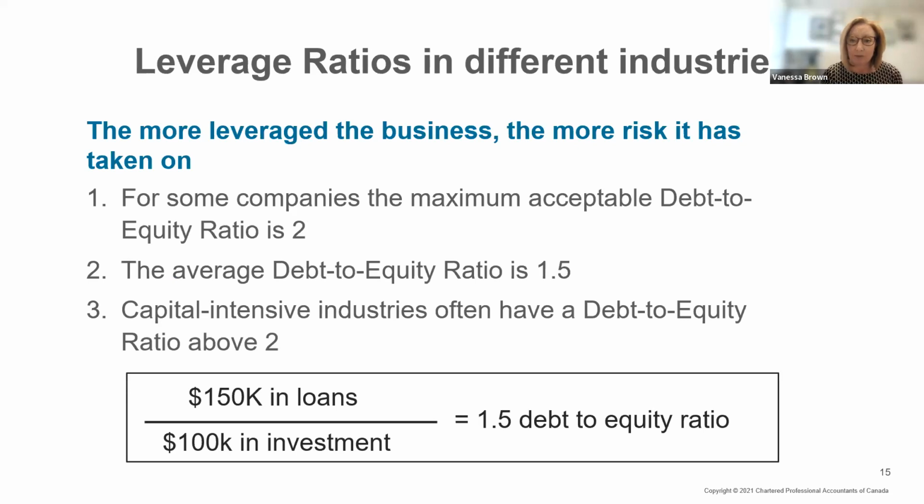So leverage ratios, I keep referring to this, can be different in different industries, and could be different requirements by the bank. For some companies, the maximum acceptable debt to equity ratio is 2. The average debt to equity ratio is usually 1.5, and the capital intensive industries will usually have a debt to equity ratio above 2.